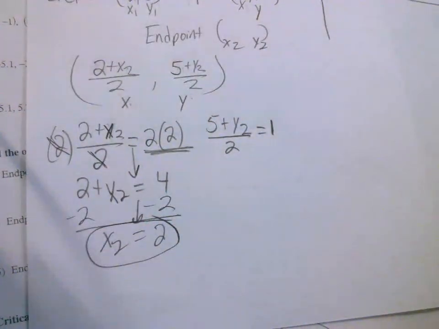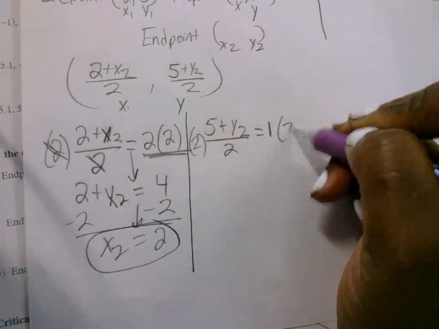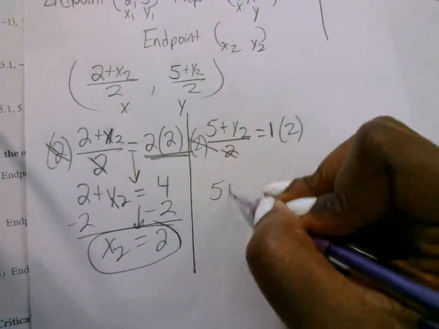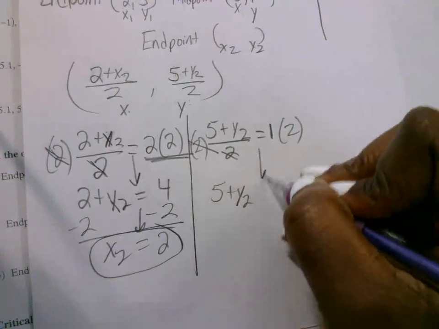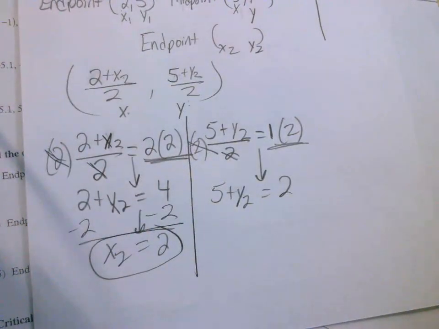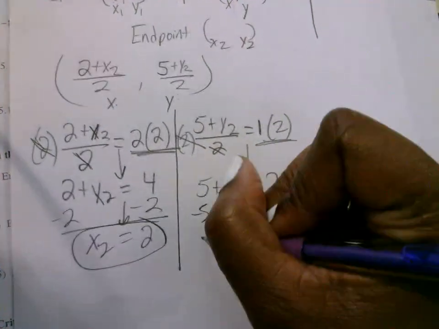Now let's find my y2. What am I going to do on both sides? Multiply by 2. And this cancels out, and I'm left with 5 plus y2 is equal to what? 2. Now how do I get y2? Minus 5 on both sides.